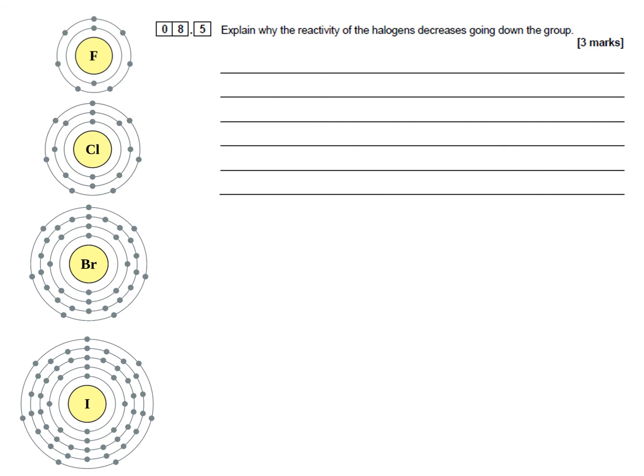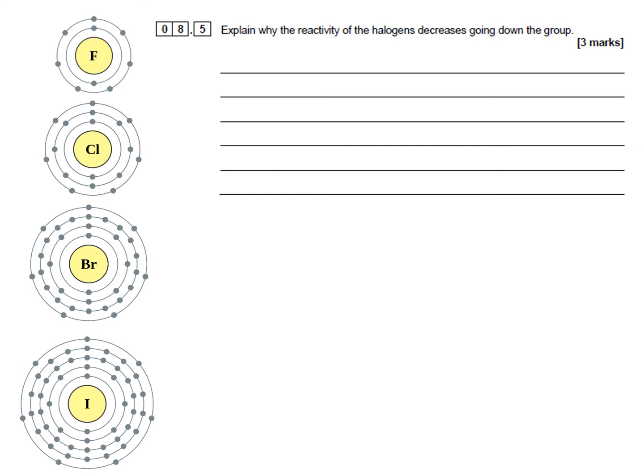And question 8.5, now this is a very, very common question. Note it's asking you to explain, and we're talking about why the reactivity decreases as we go down the group. So looking at those atoms as we go from fluorine down to iodine, the atoms are getting larger, and what we're trying to do is to pull in an extra electron to complete the outermost shell.